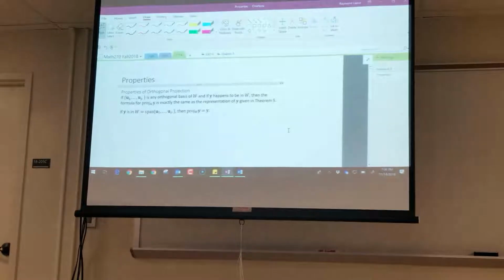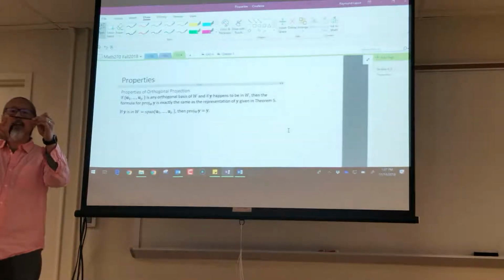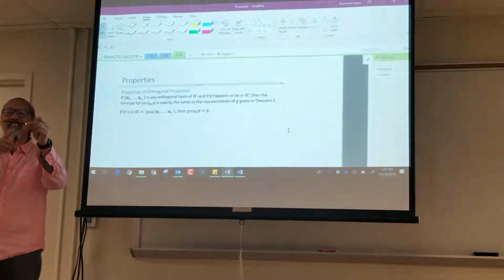If you have a set U1 through UP, which is an orthogonal basis of W, and Y happens to be in W, then the projection of Y onto W is equal to Y. The projection of Y onto W is going to be equal to Y if Y is actually in W. So think about that: if this is Y and you want to project it onto Y itself, it's kind of boring.